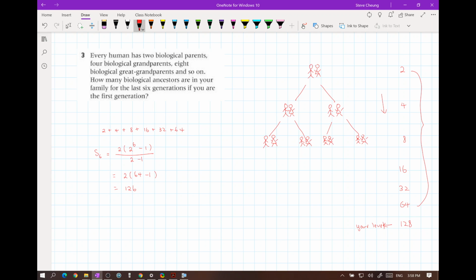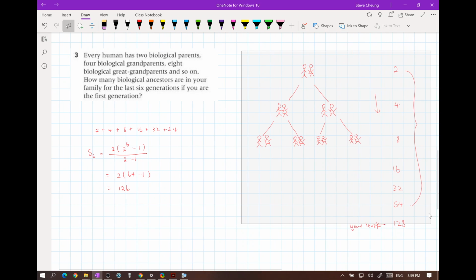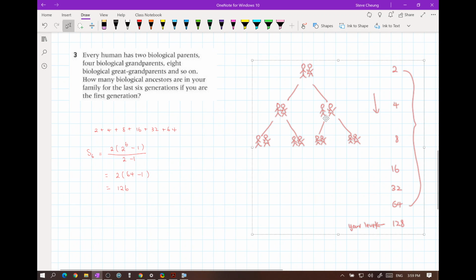So if you were to count your parents, each of your parents will also have their parents, which also have their parents, and then it just branches off in groups of 2. So my diagram is actually wrong. My diagram should have been the other way around. Yeah, let me redraw the diagram. But basically, it still makes sense in terms of the number.